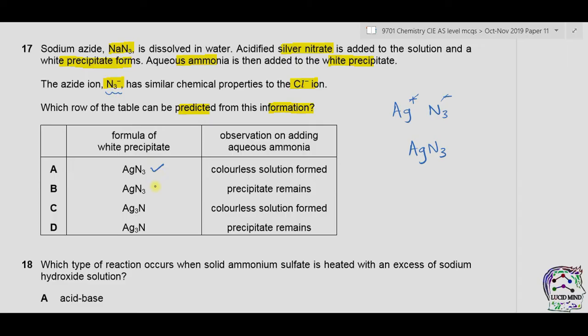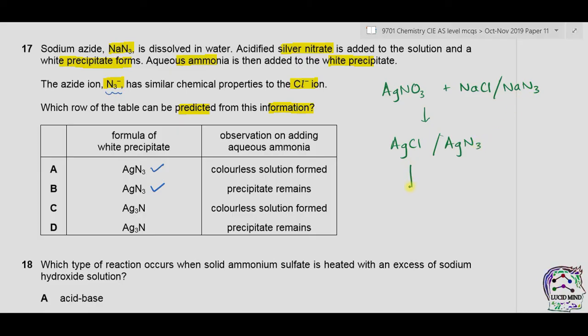So AgN3 is correct. As the chemical properties of N3 negative is similar to Cl negative, so we can say that when silver nitrate is added to sodium chloride, or it can be sodium azide, the product formed will be silver chloride in case of NaCl, so it will be silver azide in case of NaN3.